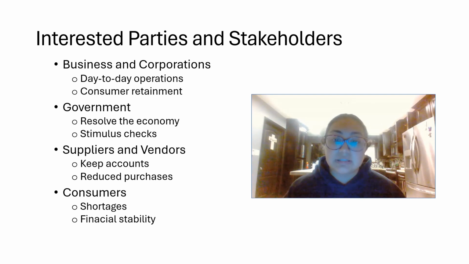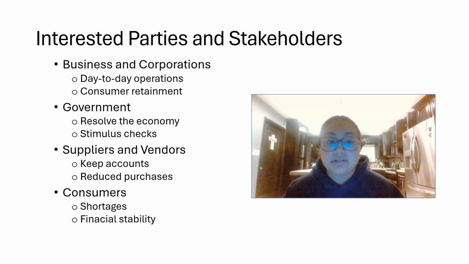So businesses were closing down. They didn't have as many consumers. Like I said, consumer retainment in businesses and operations. And they reduced their purchases, right? So maybe they didn't necessarily close down, but they did greatly reduce the volume at which they were purchasing. And that would be from the vendors to the suppliers, right? So suppliers weren't selling as much and vendors weren't consuming as much or buying as much, right?